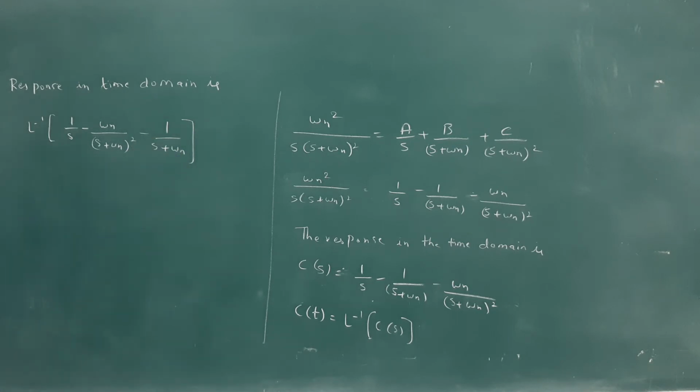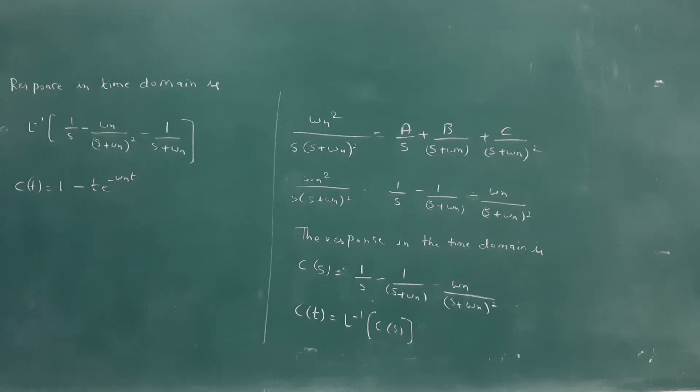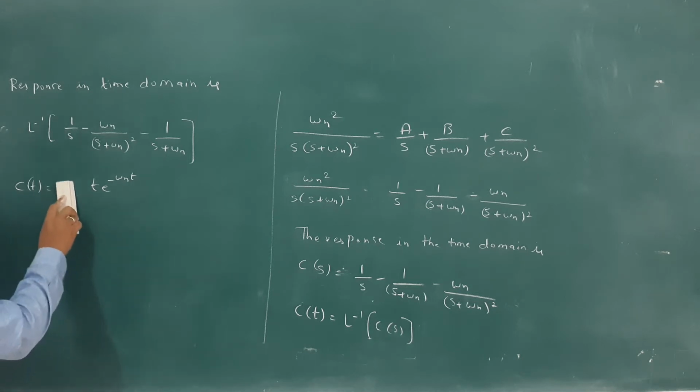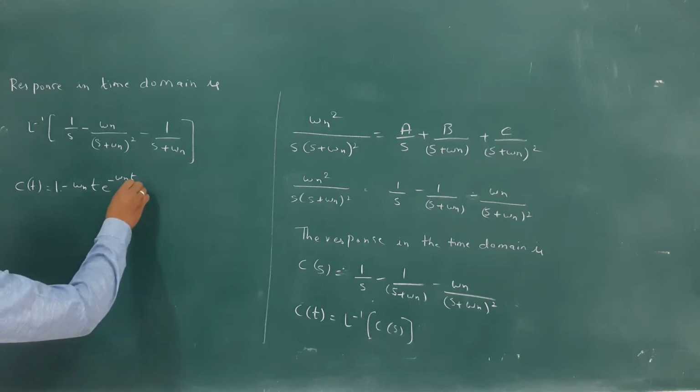After applying the inverse Laplace transform, C of t is equal to 1 minus omega n t into e power minus omega n t. Why? Because the inverse Laplace transform of 1 by (s plus omega n) whole square is t into e power minus omega n t.